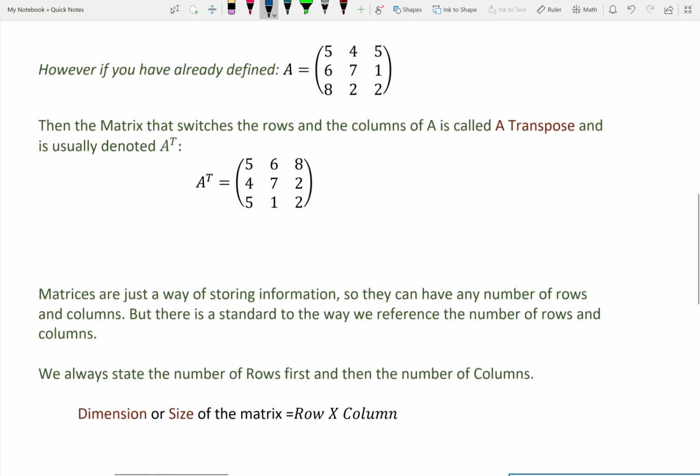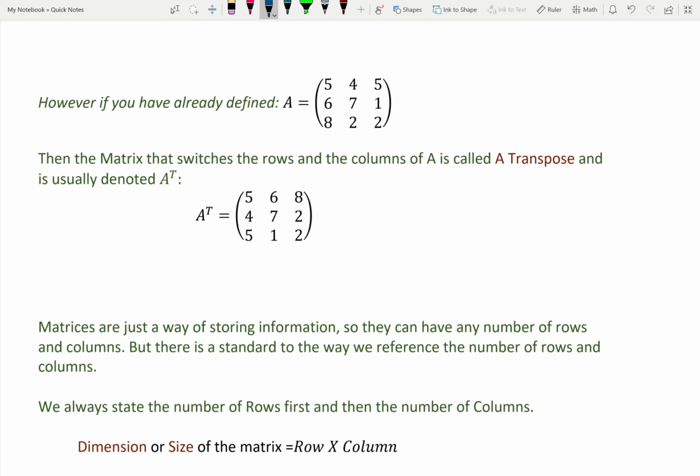So the rows and then the columns, we're pretty much talking about the size of the matrix, or the dimensions, right? It's like if I have a rectangle and I'm talking about its length and its width, and let's say it has a width of 2 and a length of 4.